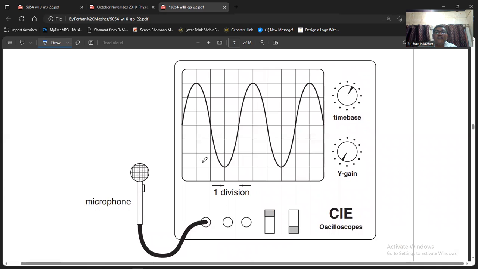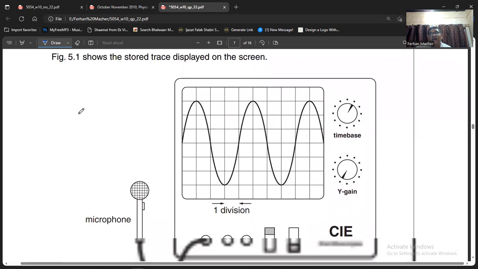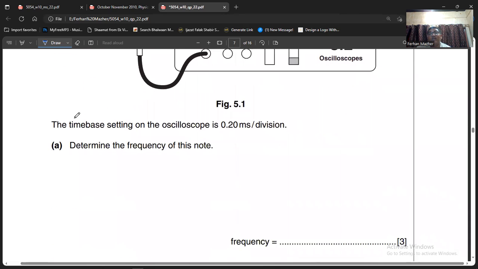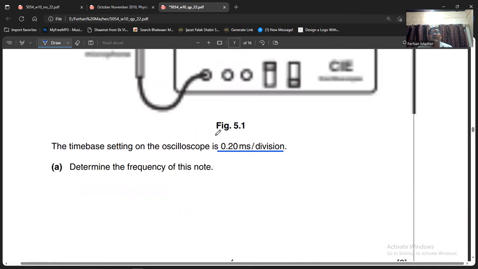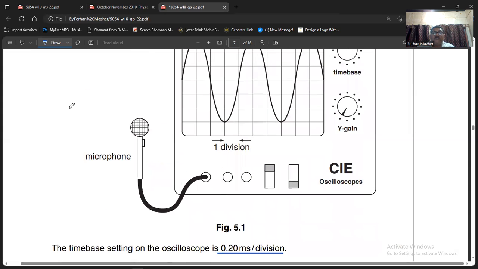So there are basically 2.5 waves showing on the screen of the CRO, and each wave is taking 4 divisions horizontally. You know, on the CRO, on the x-axis we have time, on the y-axis we have voltage or amplitude. The time-base setting on the oscilloscope is 0.2 millisecond per division. This is important. Each square horizontally represents 0.20 milliseconds.